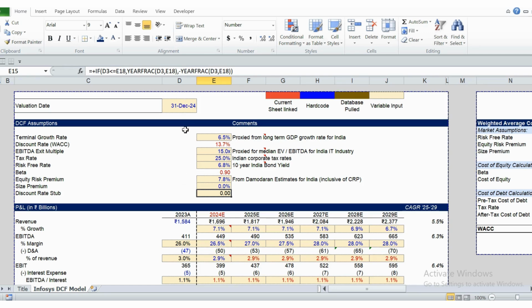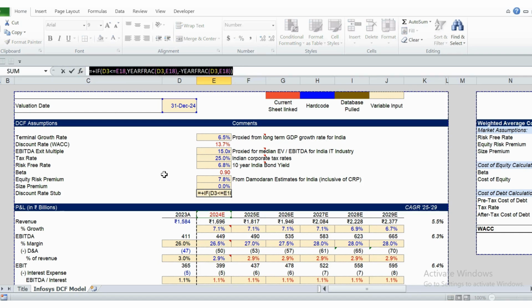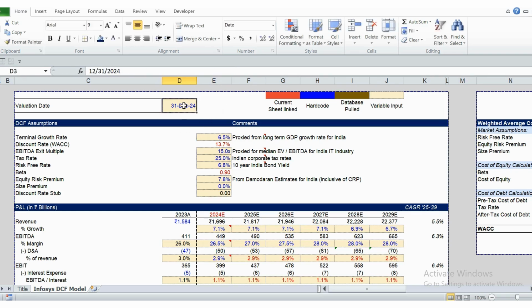I have used a very basic YEARFRAC formula to calculate this. You can see the formula in the formula bar and understand it yourself, or by putting it in Excel and trying it once, but I will show you how this changes.